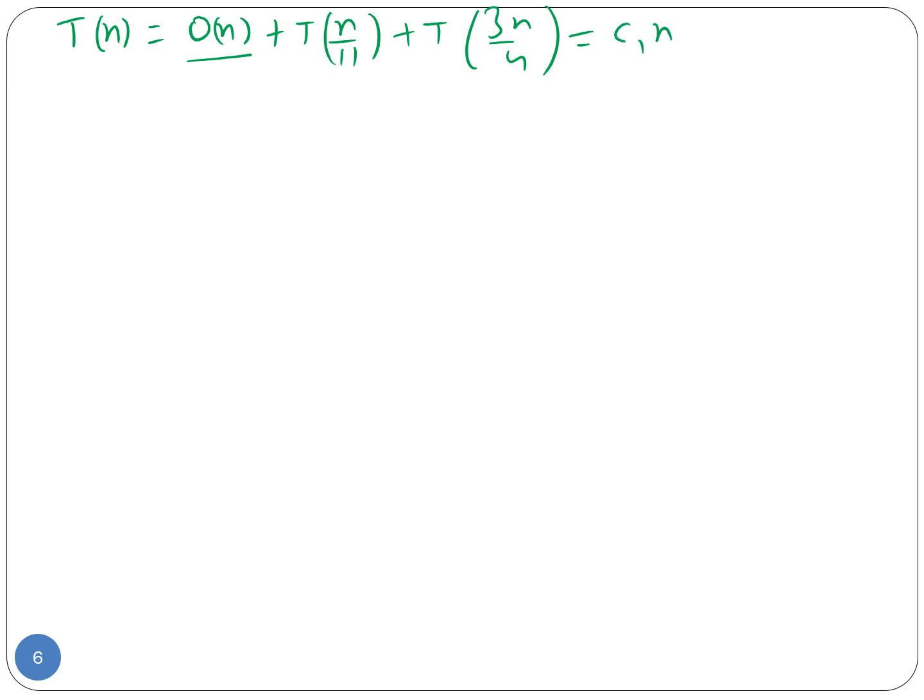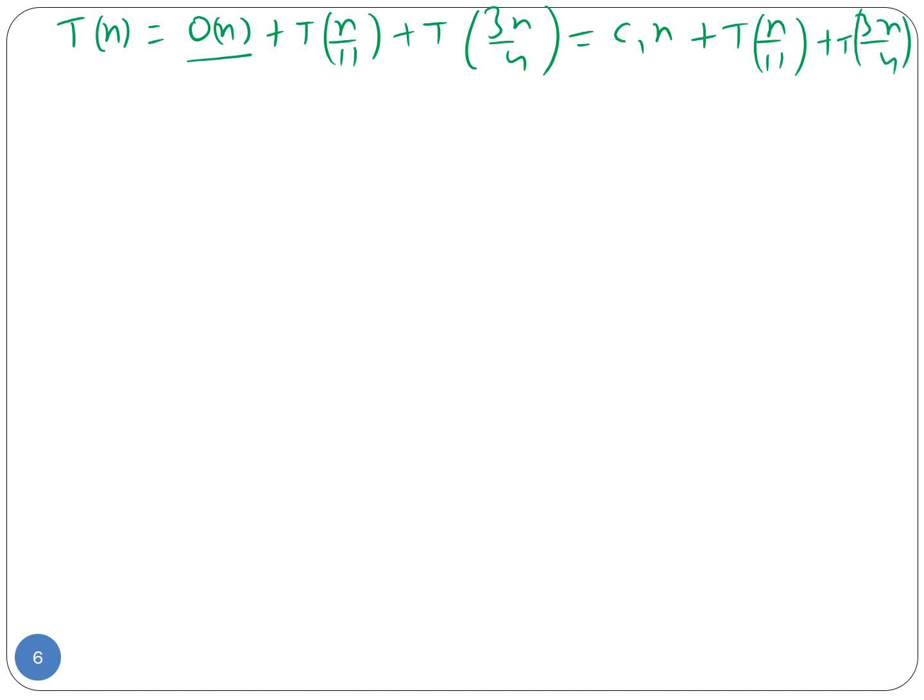So the recurrence relation should look something like this: T of n is equal to O of n plus T of n by 11 plus T of 3n by 4. Which is basically the same as, we can replace this O of n with C1n for some constant C1, plus T of n by 11 plus T of 3n by 4.